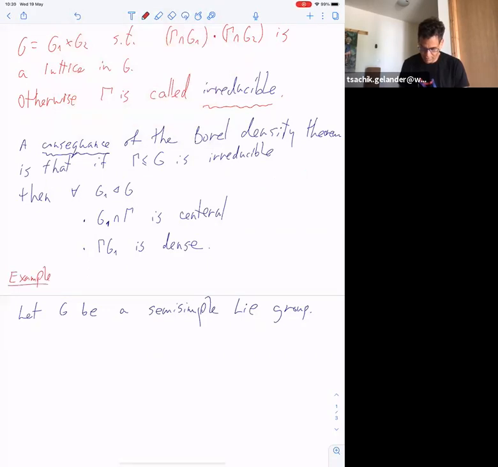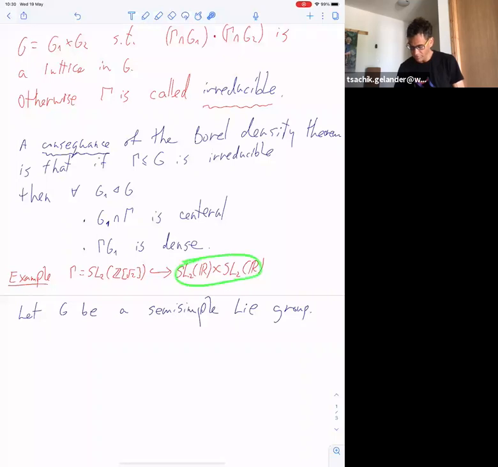you take gamma to be SL2 of Z[square root of 2], and this is embedded in SL2(R) cross SL2(R), where in the first factor it's just the canonical embedding, and in the second it's the Galois conjugate, when you send square root of 2 to minus square root of 2.